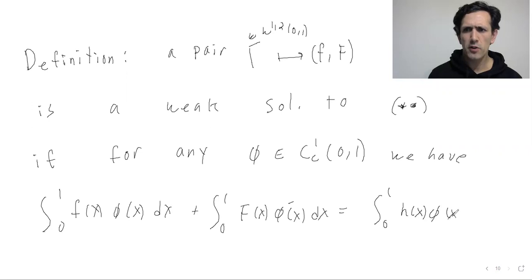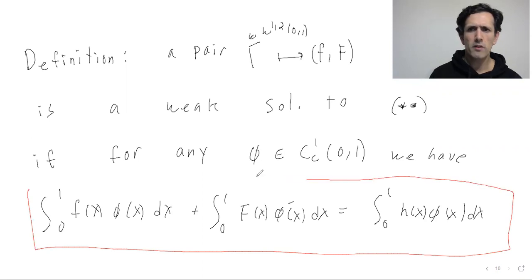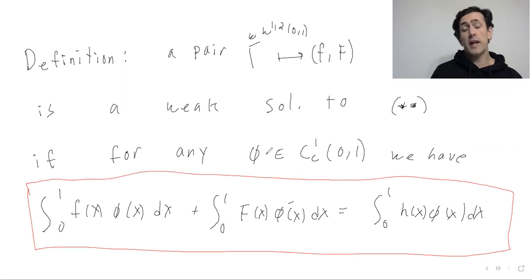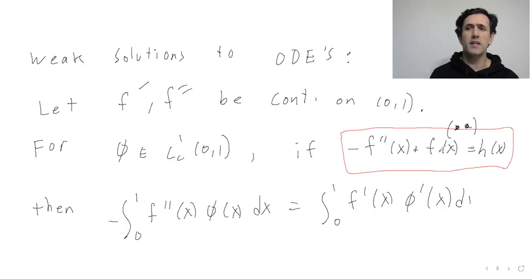So why on earth do we want to do this? Why on earth would I ever want to do this? And that's a very good question. Well, with this definition, I can prove, and I will do that in a moment, that weak solutions to this differential equation always exist.